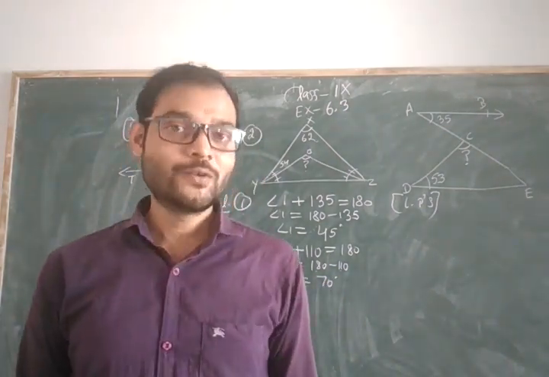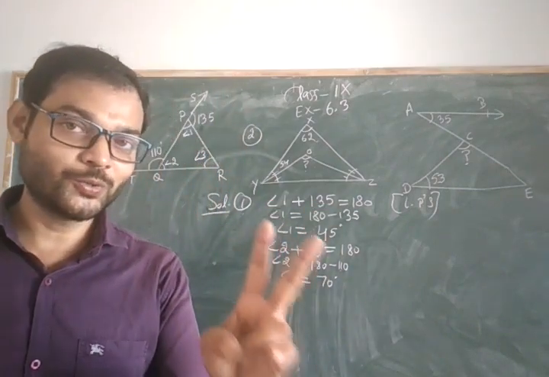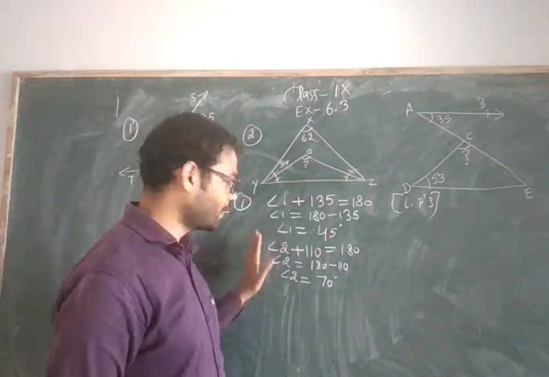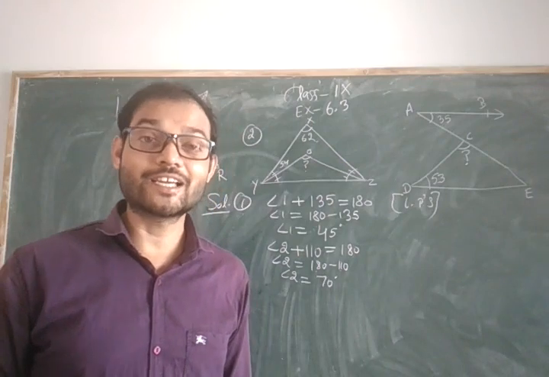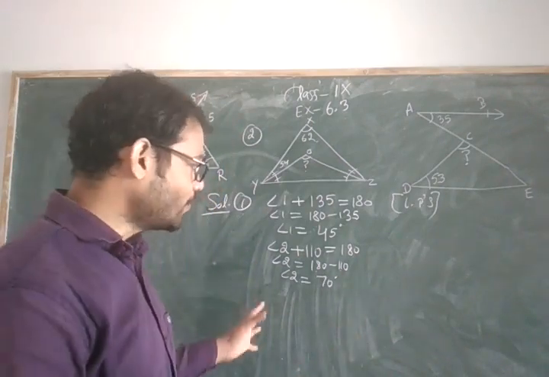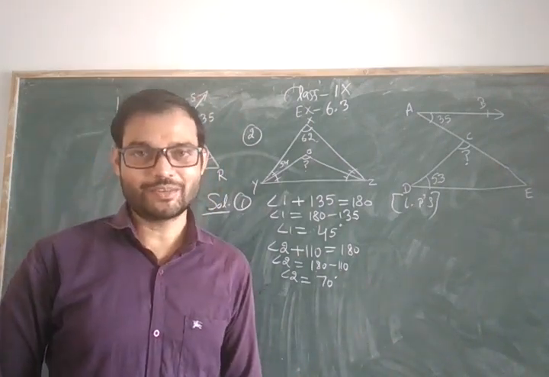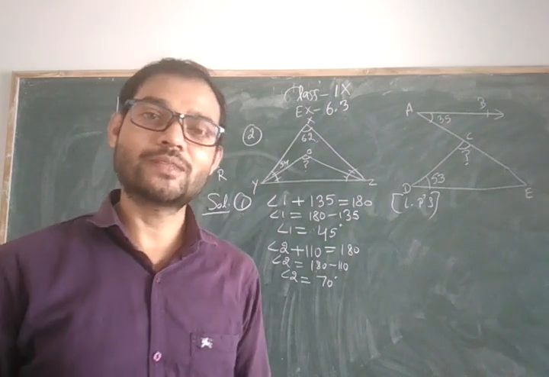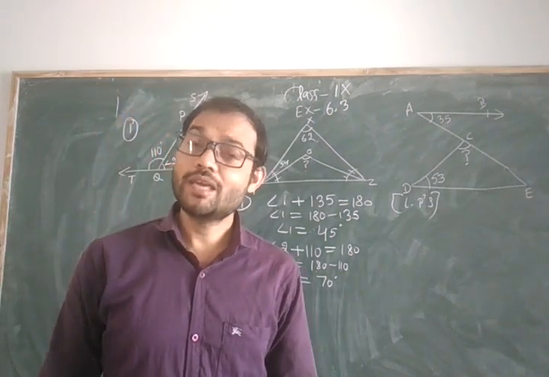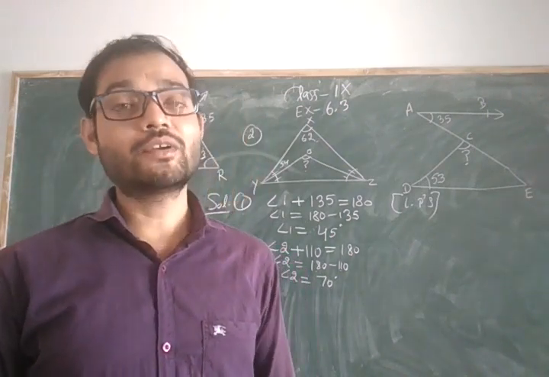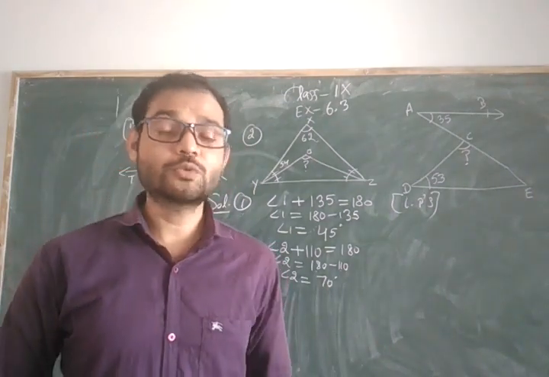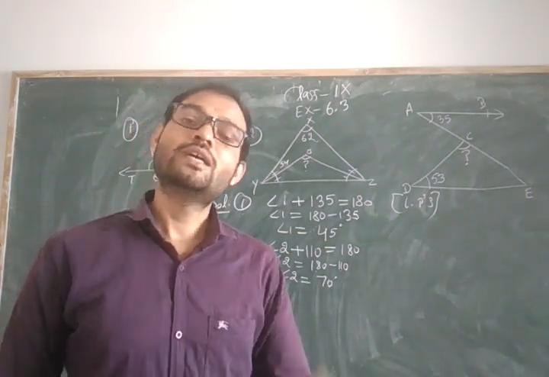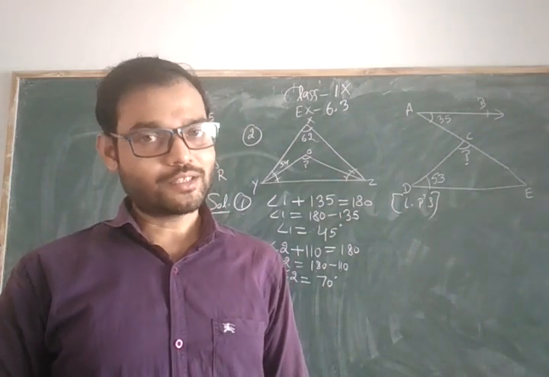You see that we now have both angles. आपके पास दोनों एंगल्स आ गए, angle 1 as well as angle 2, and now you can apply your angle sum property. ठीक है, because angle sum property तभी लगा सकते हो अगर आपको एक एंगल नहीं मालूम. ठीक है, या फिर जो रेस्ट ऑफ द टू एंगल्स है उसका कोई रिलेशन होना चाहिए आपस में, then also you can apply your angle sum property.